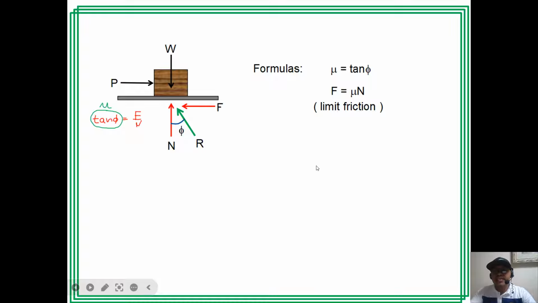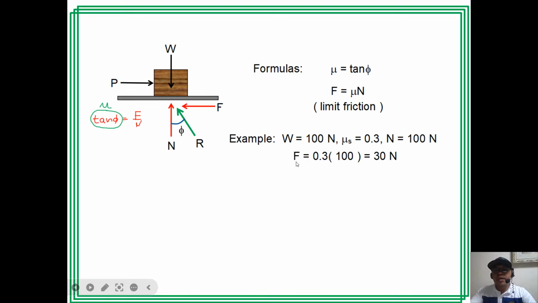So, for example, if we have our weight equal to 100 newtons, and our coefficient of static friction, I have here placed a subscript S, meaning static friction. So, weight is 100, the friction coefficient is 0.3.